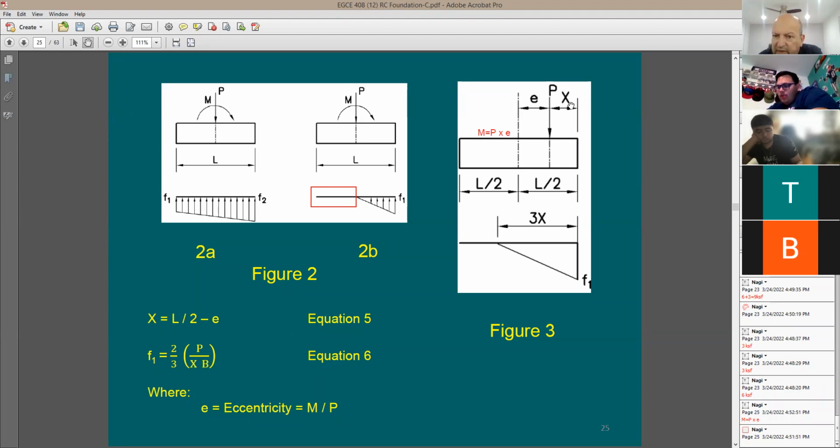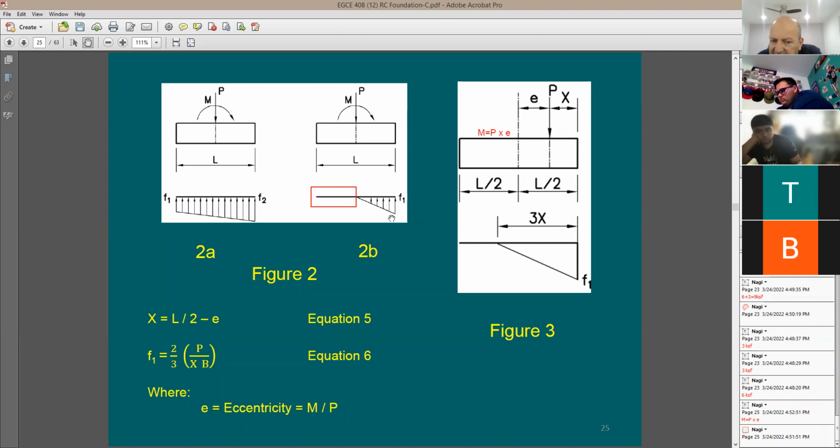I'm going to say X equals 1/2 of the footing length, subtracting E. So X equals L over 2 minus E. Yeah, I have it in this equation here. So if I give you the moment and I give you P, you can figure out E. So E equals M divided by P, right? And after that, you can figure out X. X is going to be this distance here, the distance from the point load to the end of the footing.